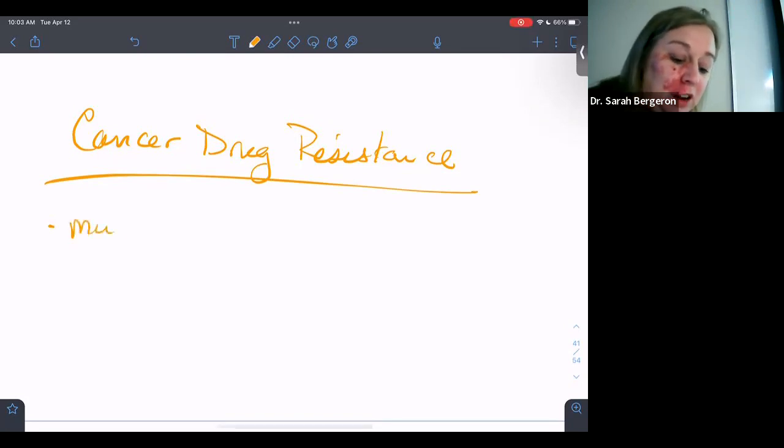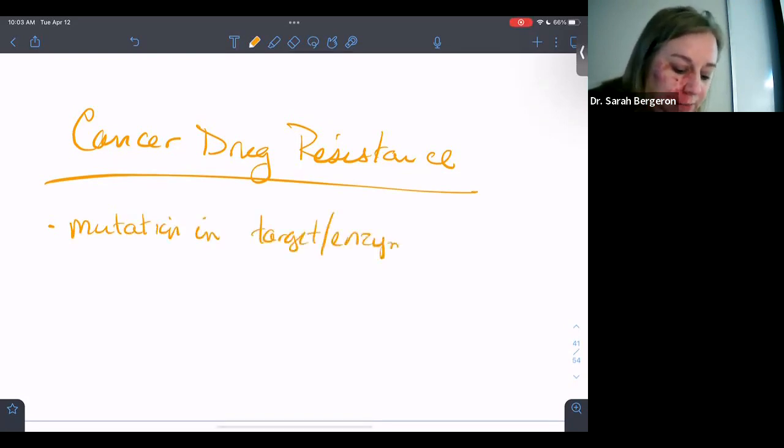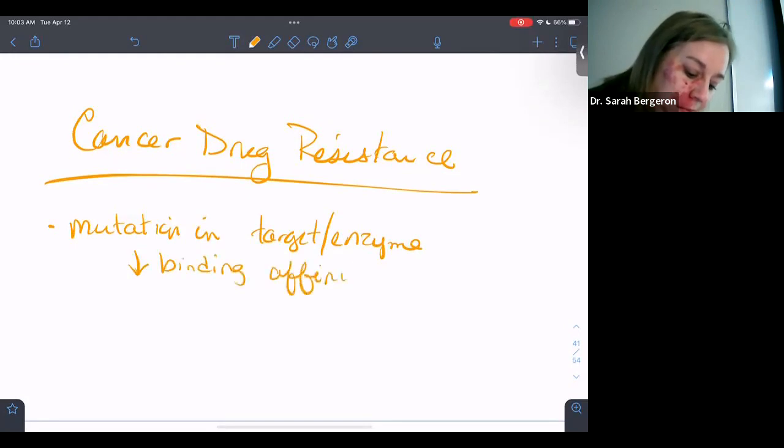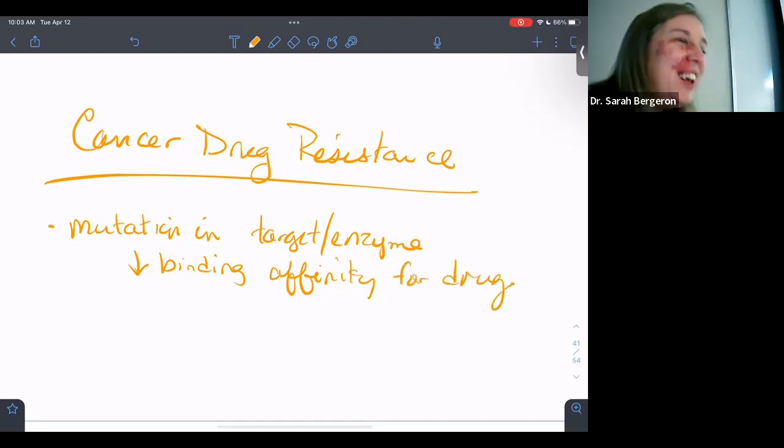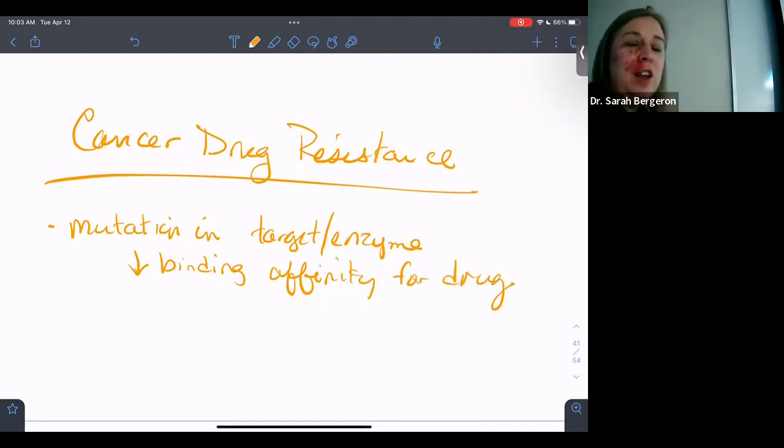So you have mutation in the target enzyme, and so now you have reduced binding affinity for the drug. You have to think about bacteria and cancer as having some commonalities. Isn't that kind of weird? But it does.